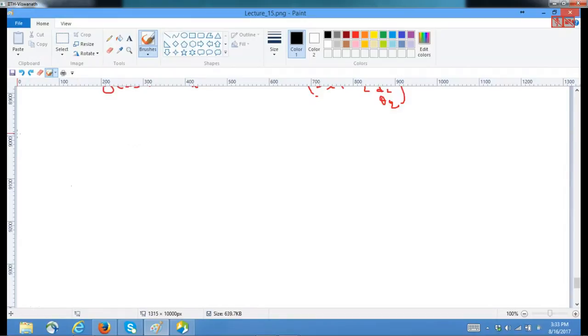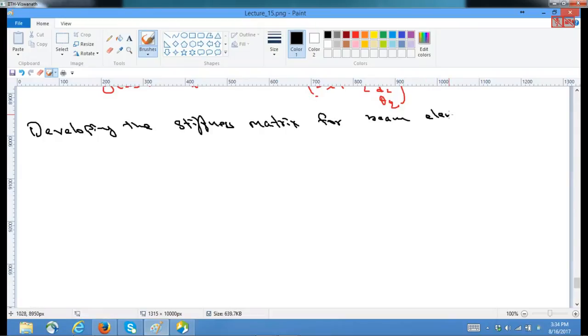So develop the stiffness matrix for the beam element. So let's take again this two-noded beam.